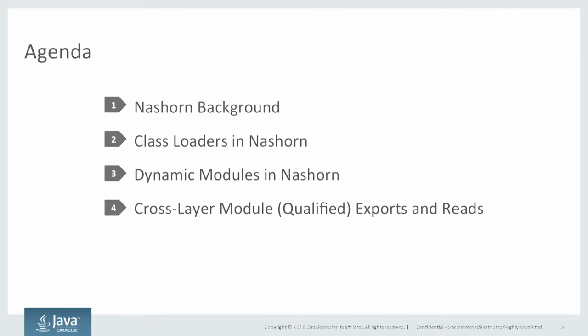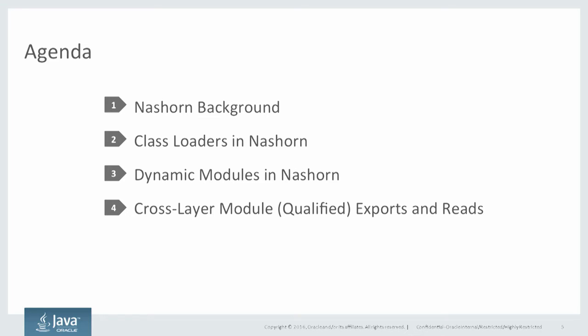All right, so topics. The Nashorn implementation in Java 9 is modularized. It relies on the Jigsaw abstractions already. I'm going to first give an overview of Nashorn as such and the rough bits of the architecture. I'm then going to cast a look at the class loaders that are in use.